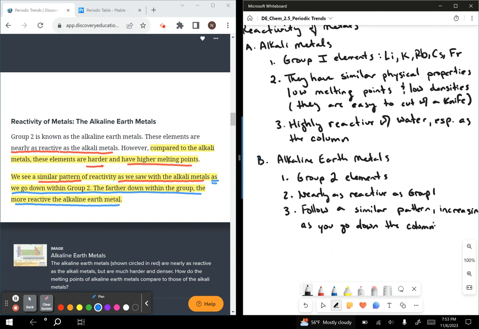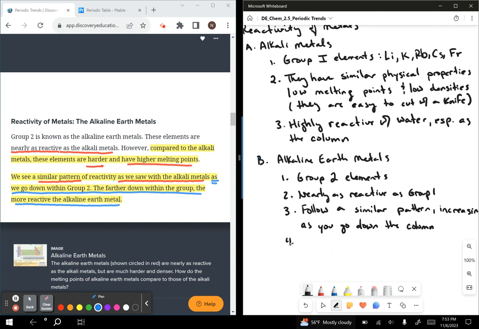So at this point, I just want to again encourage you, what's going on as you go down the column? Think about some of the things you've learned about the structure of the periodic table. As you go down, one element at a time, line by line, what's changing? That may give us a little clue to why this happens.